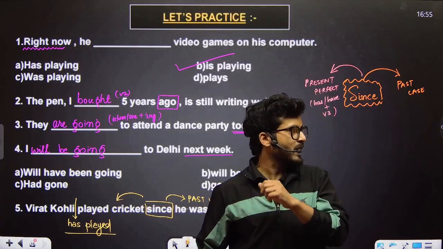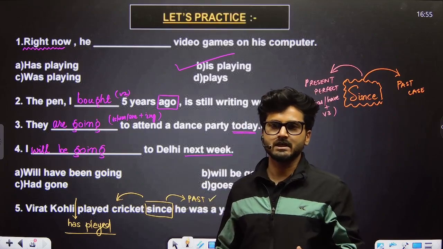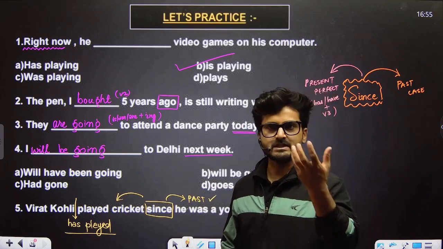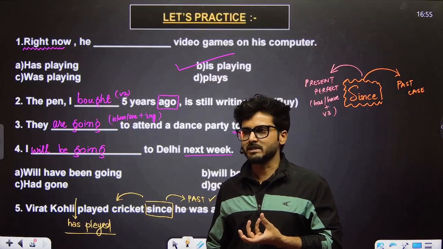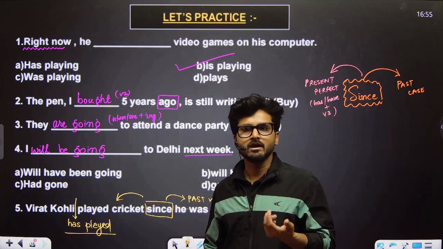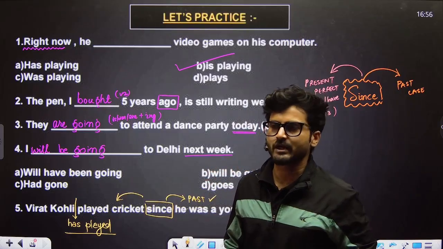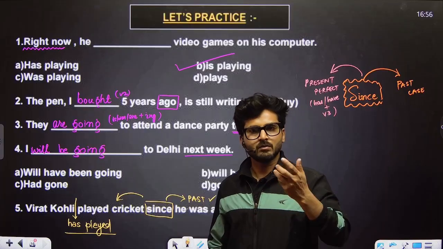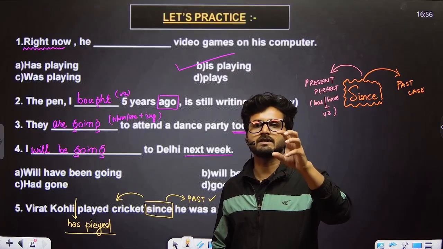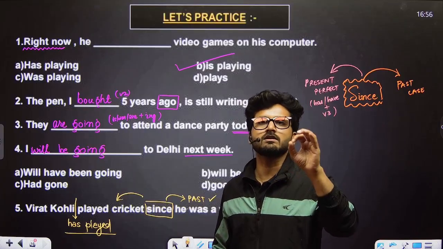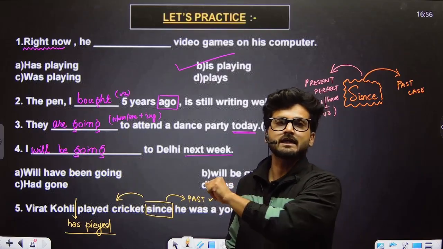So practice more questions from your exercise books also. Take previous year questions from the CBSE, ICSE boards, whatever state boards. Whatever type of questions come in your exams, practice them thoroughly. But prior to that, you need to have the basic rules and structure of the tenses.